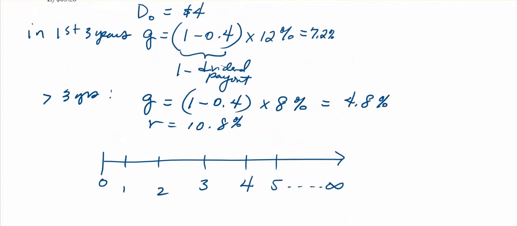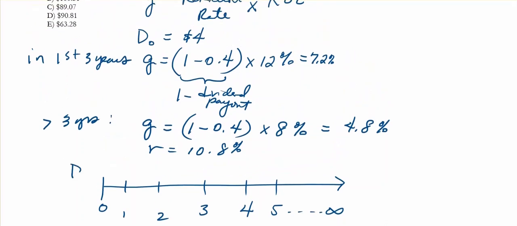So let's go one at a time. We know that the dividend in year 0 is 4. I will write that down for reference. We know that dividends will grow at 7.2% every year for 3 years.